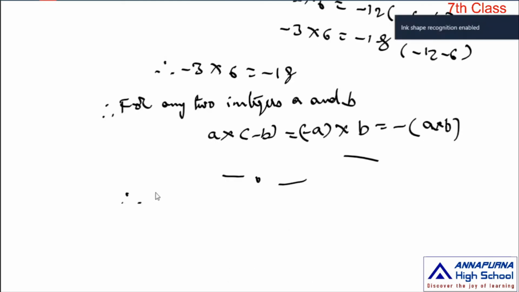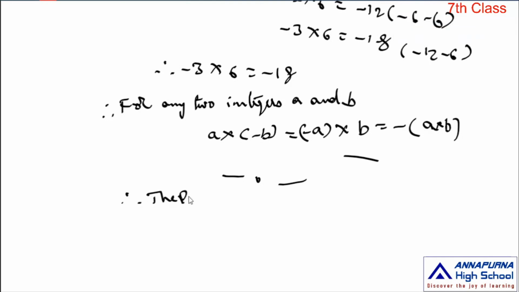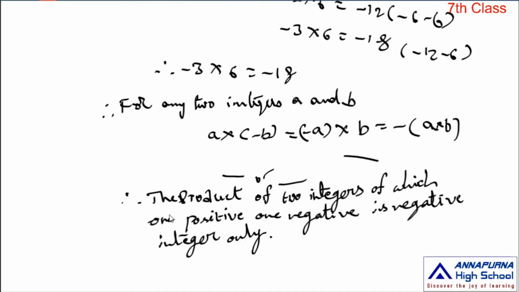Therefore the product of two integers, of which one is positive and one is negative, is a negative integer only.